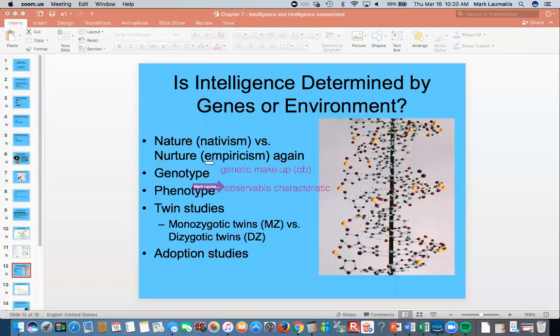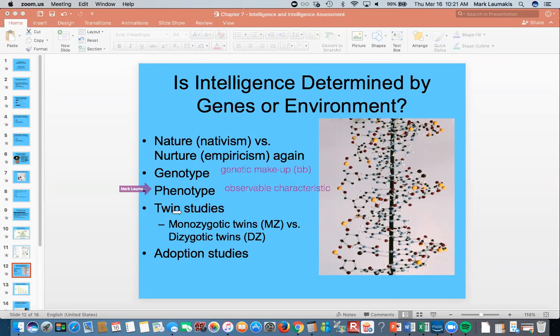So we could say your WAIS score is a gauge of your phenotypic intelligence. It's your quote unquote observable intelligence, made observable by your responses to the questions that are part of that test, okay? So genotype versus phenotype. The observable characteristic for eye color here for little b would be blue eyes, right? For intelligence, it would be your score on the WAIS test. For personality, it might be your score on some kind of personality test, okay?